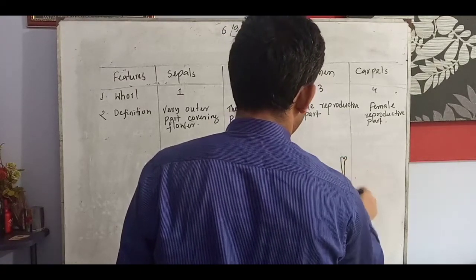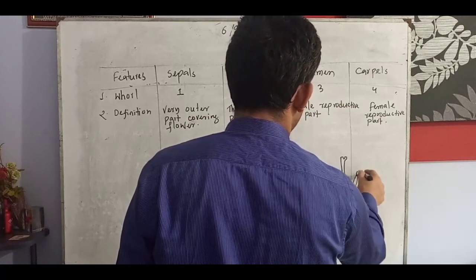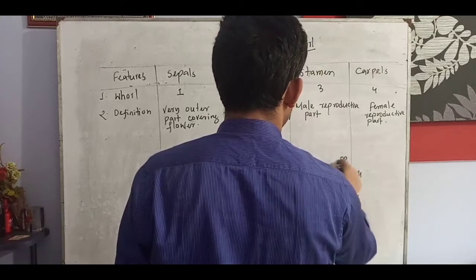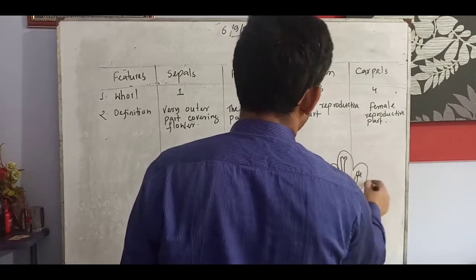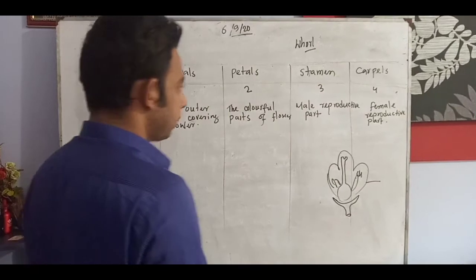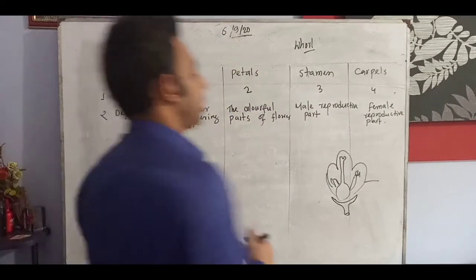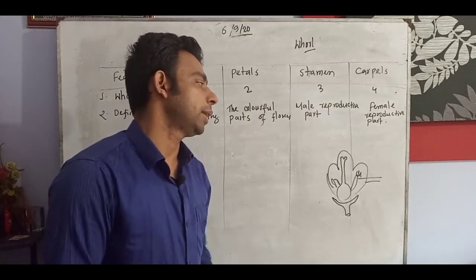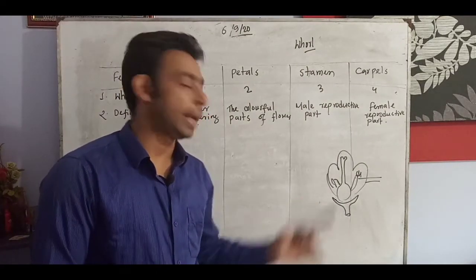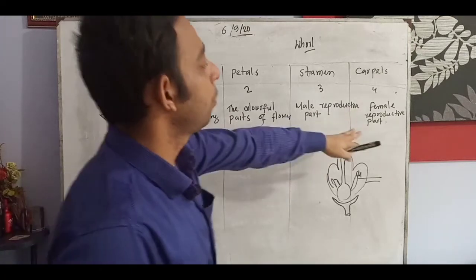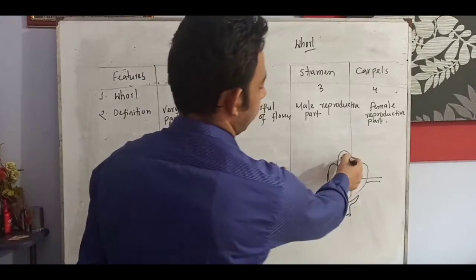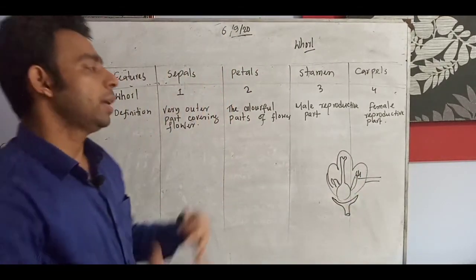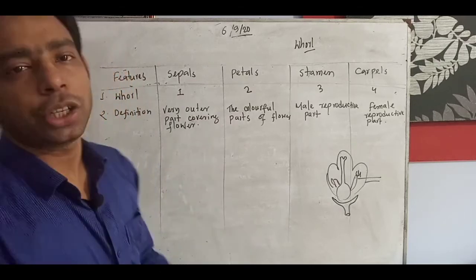I am not just drawing, I am trying to make you understand that these are the colorful parts, these are the petals. Then stamen, the male reproductive part, these are called the main reproductive part. In the stamen we have seen the filament and anther as the male reproductive parts. The female reproductive parts are stigma, style and ovary, all of them. So these are the commonly understood definitions of all the parts.